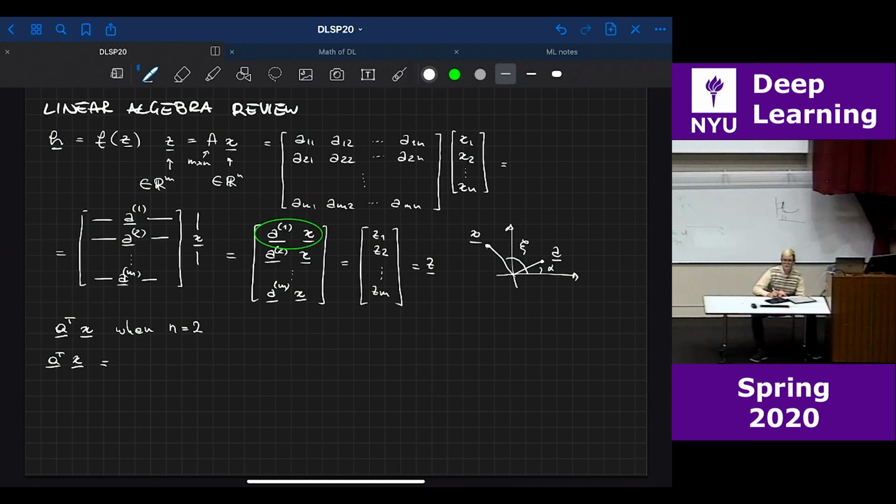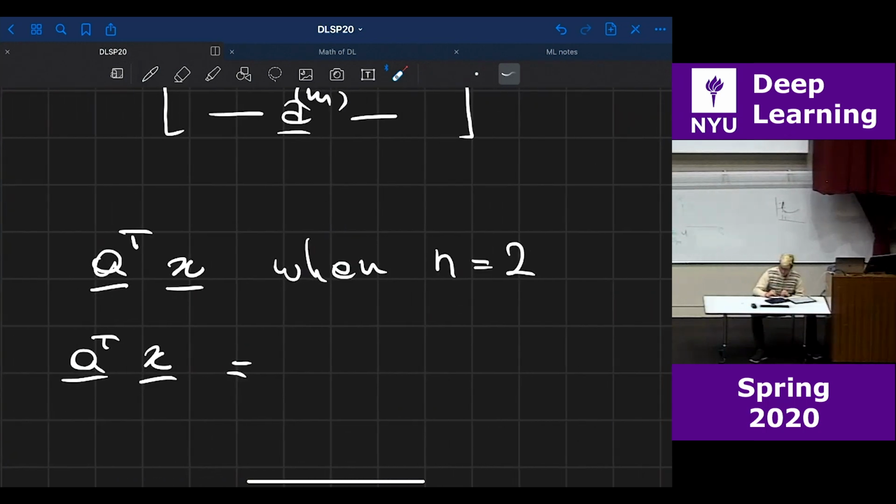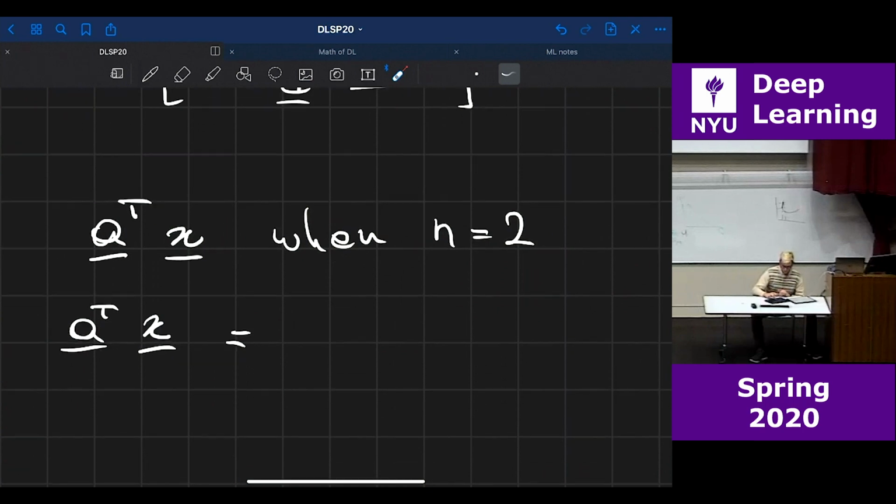So what is the output of this product here? Is it a column vector or a row vector? A transpose, let's have that as a row vector. What is going to be the output of this operation?